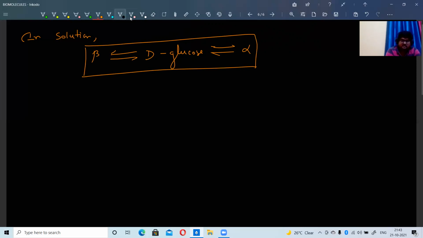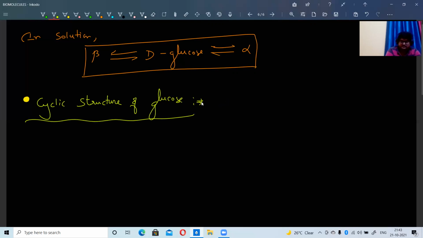Now just write down, how can you explain the cyclic structure of glucose, which was proposed by Haworth. So the next part is the cyclic structure of glucose, developed by the scientist Haworth. For the Haworth case, always remember that glucose always exists in pyranose form.